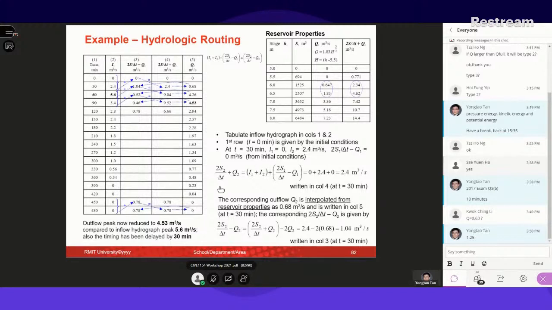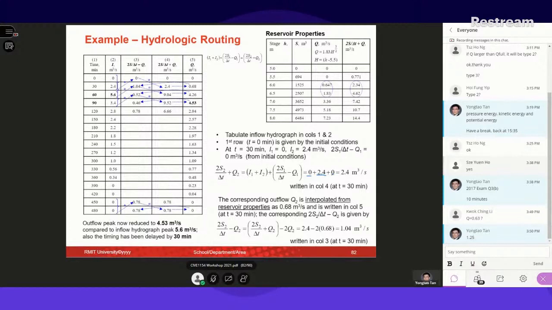So we calculate 2S2 over delta t plus Q2, the value for the next step. It is I1 plus I2 plus 2S1 over delta t minus Q1. I1 plus I2 is 0 plus 2.4, and the other part is 0 because the initial value is 0.